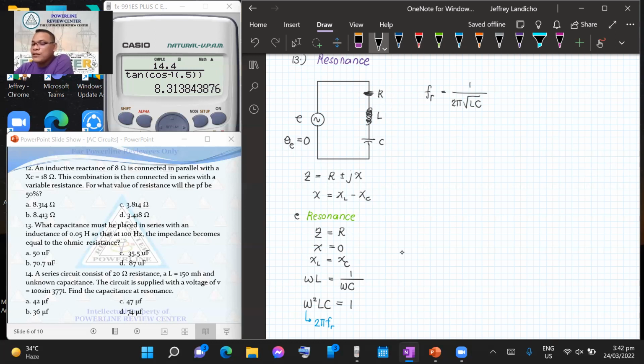So kung purely resistive yan, alam agad natin at purely resistive, the phase angle between voltage and current is what? Zero. Kasi ano sila? In phase. Diba? Kung babalikan natin, at purely resistive, current and voltage are in phase. Kaya at resonance, palagi, your current and voltage are in phase.